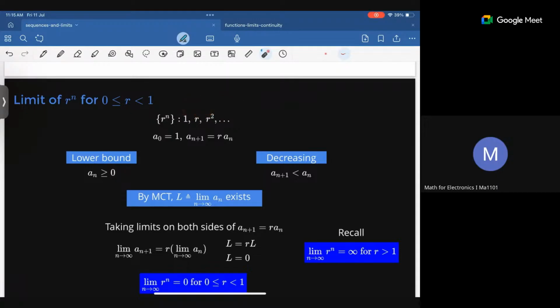The first term is 1. The second term is r, which is less than 1. The third term is r square, which is less than r. So this is a decreasing sequence. But since r is a positive value, none of my terms will go below 0.